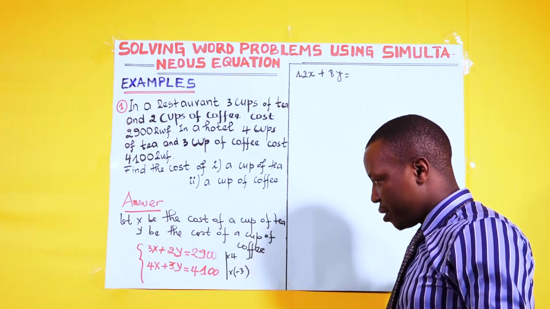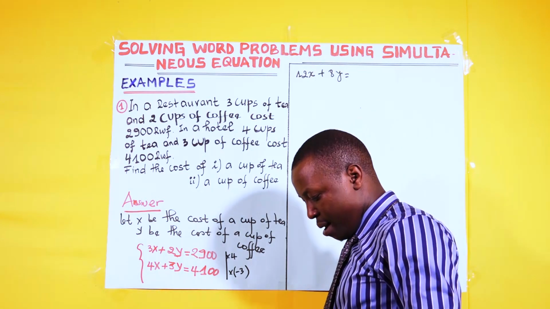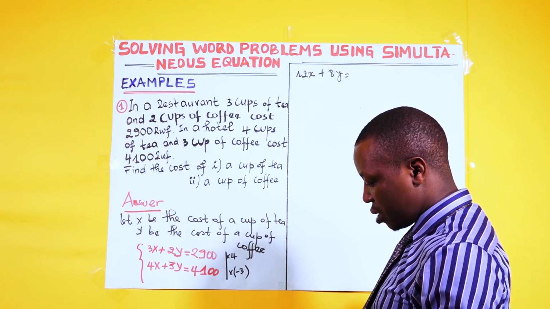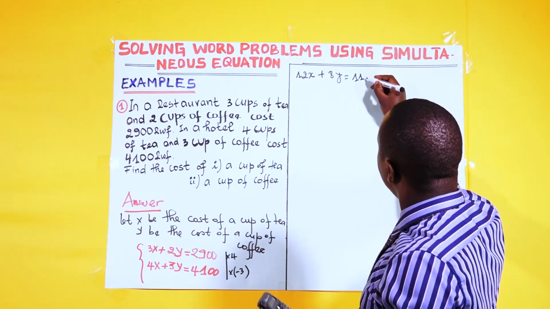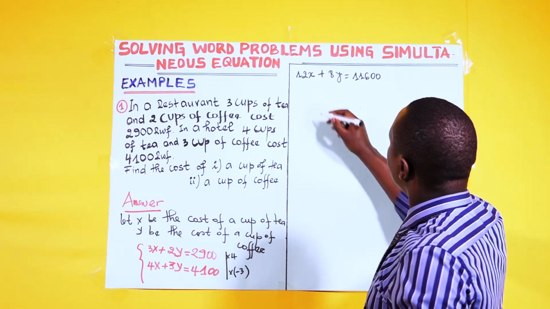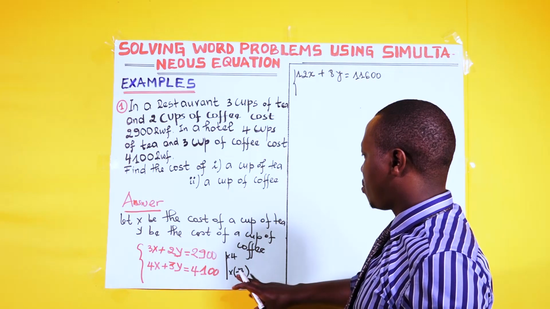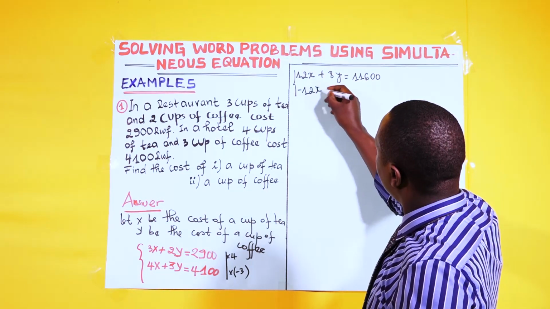right, equals how much when you multiply 2,900 by 4? The answer is 11,600. The second equation: when you multiply negative 3 by 4, it is negative 12x.